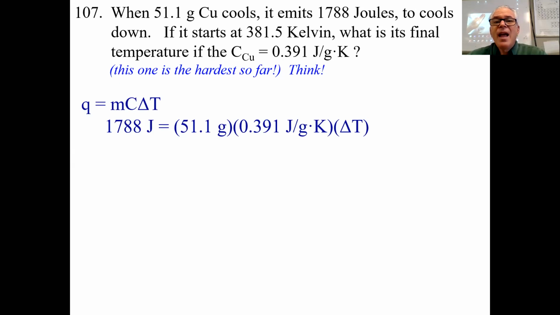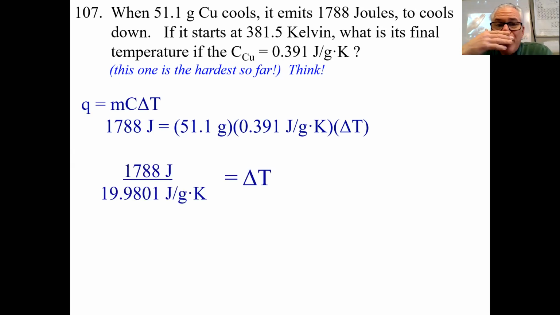It's a constant. And then we're going to solve for delta T. Now, the question says, what's the final temperature? Can't figure that out yet. First, we have to figure out the change in temperature, then we'll get to the final temperature. So when we rearrange this, we're going to multiply 51.1 times 0.39. That's 19.9801.